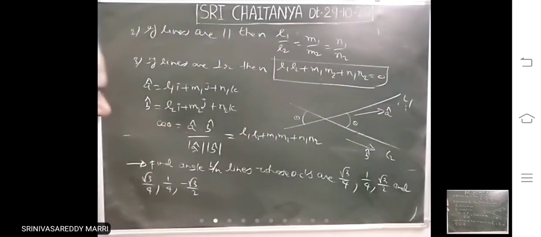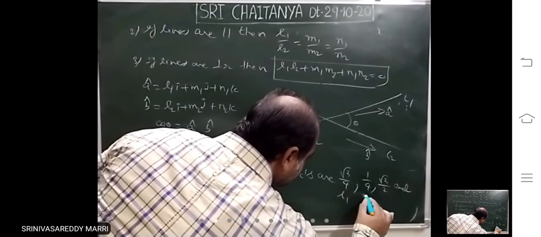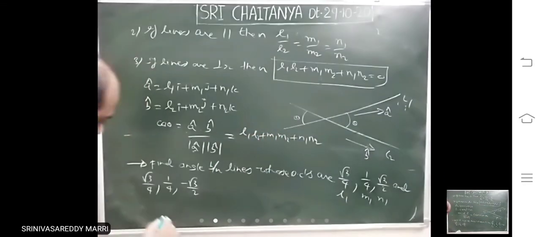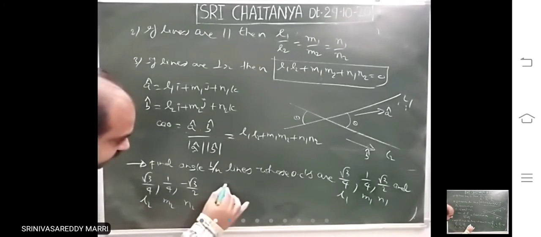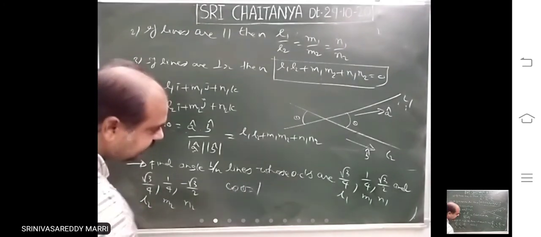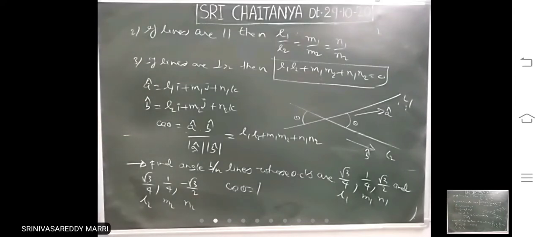These are the DCs, L1, M1, N1 and L2, M2, N2. Therefore, cos theta is the modulus of what is the formula?